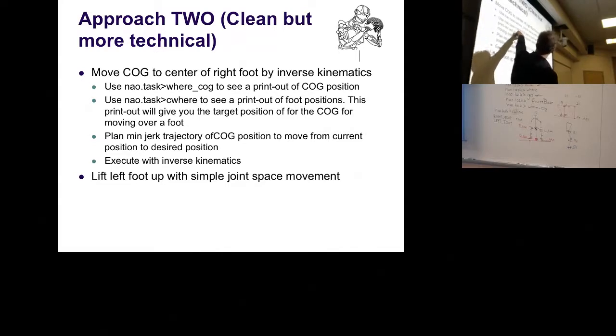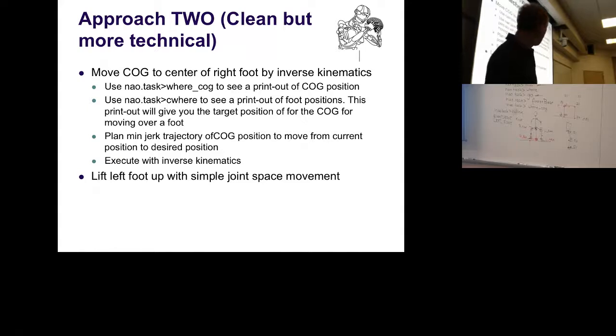This is the target where you want to go. This is your current position. There's a variable, which you will see in your skeleton program that I will distribute, which tells you the COG position. Then you do a minimum jerk trajectory for the COG position to get from the current position to the target. You execute it with inverse kinematics, and then you lift the other foot up.